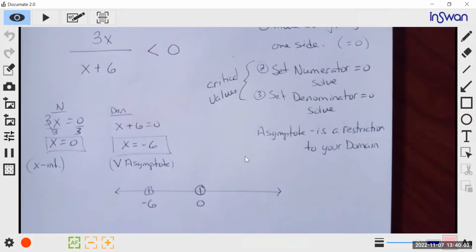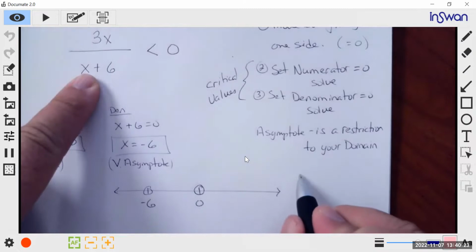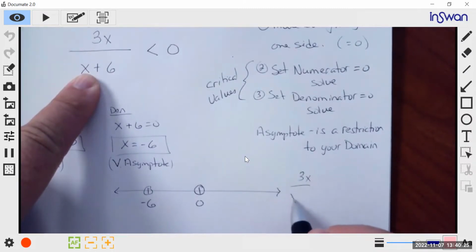In other words, what would happen if I plugged in -6 in my equation? What would I get? If I put -6 in the equation, what would happen? That's it. Let's see. Our equation is 3x over x plus 6.